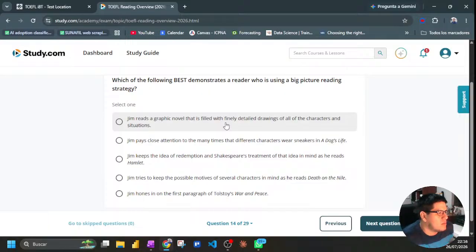John pays close attention to many times to a different character. Keeps the idea of redemption and Shakespeare's treatment of that idea in mind. Tries to keep the positive motives of several characters in mind. Hones in on the first paragraph.